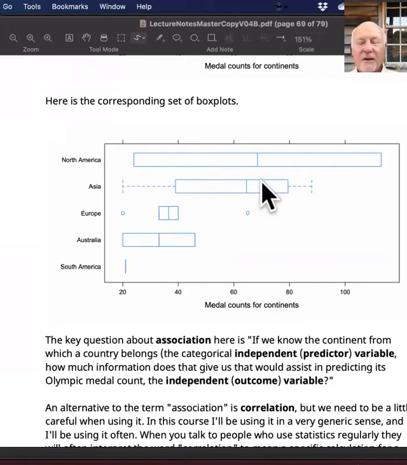I think the issue really here is this is just not a very big data set. There's not a huge sample there. Possibly if I'd done this with all of the countries that participated in the Olympics, it might have been a slightly clearer picture. But that's the kind of thing that you look at.